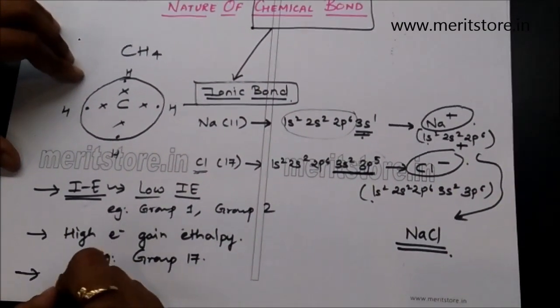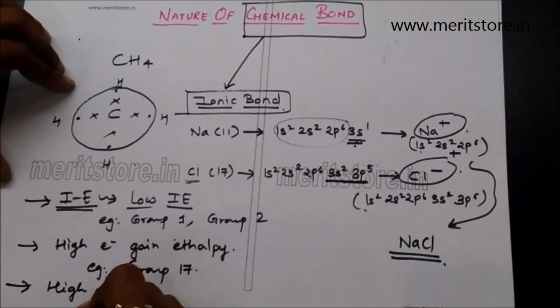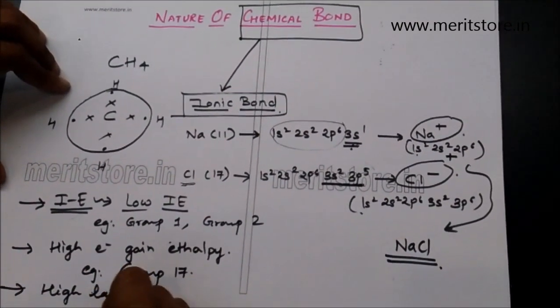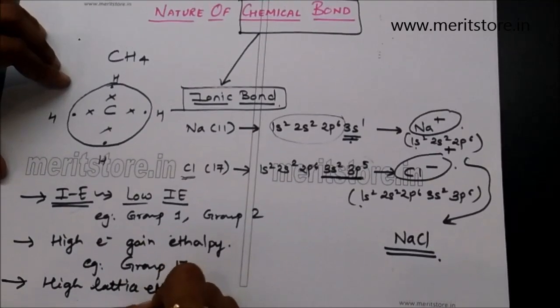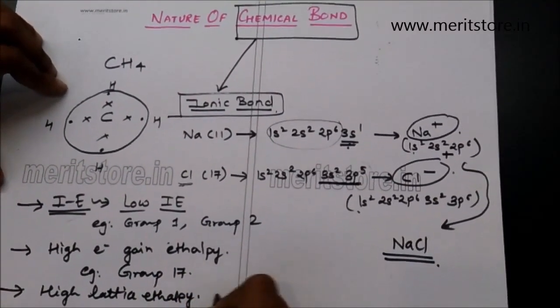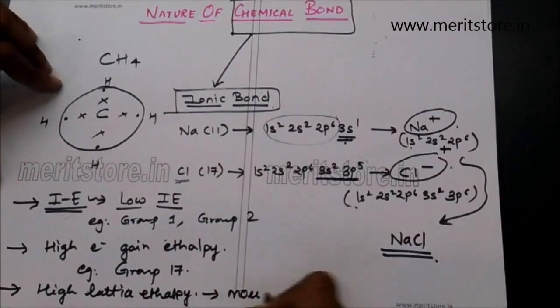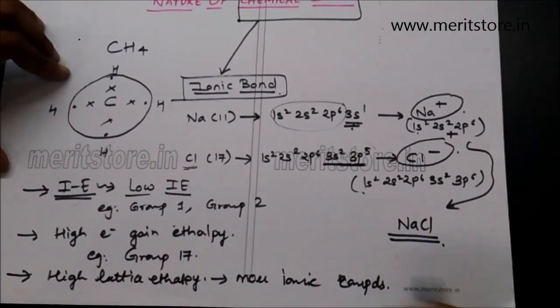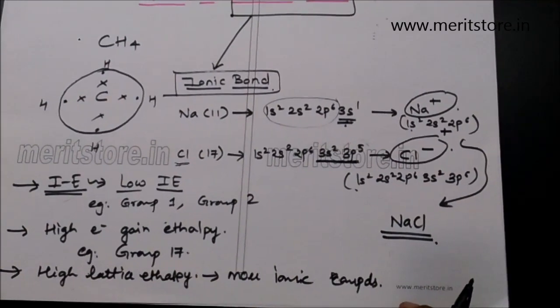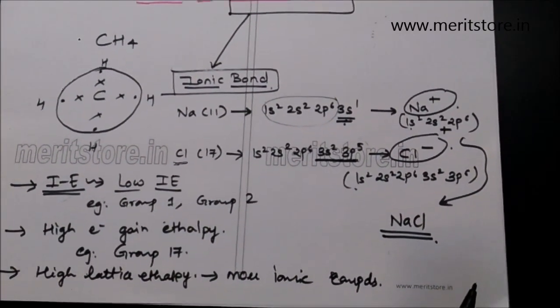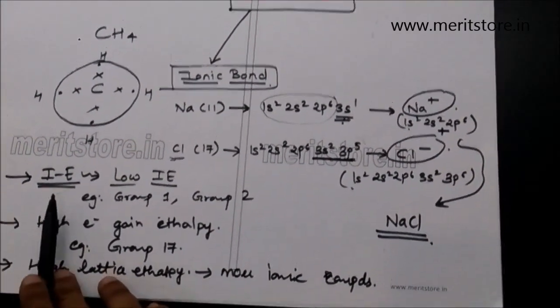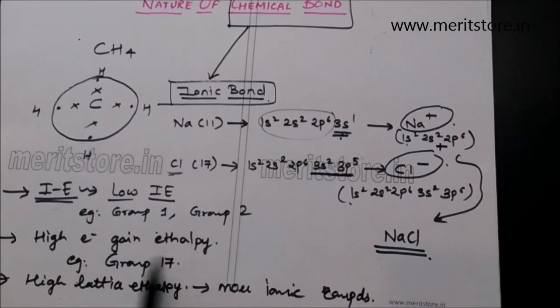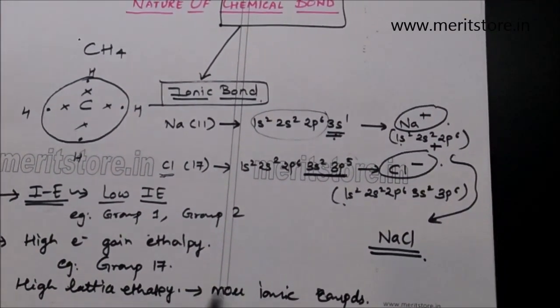Point number 3, under this we can cover those compounds having high lattice enthalpy. The higher the lattice enthalpy, the more the tendency to form the ionic bond. So overall, 3 conditions can be satisfied to form the ionic bond: low ionization enthalpy, high electron gain enthalpy and high lattice enthalpy.